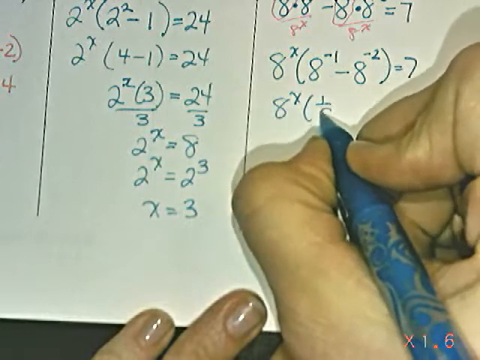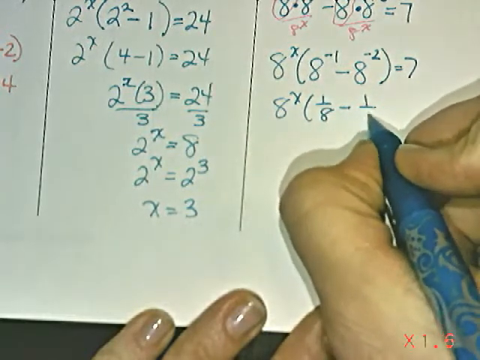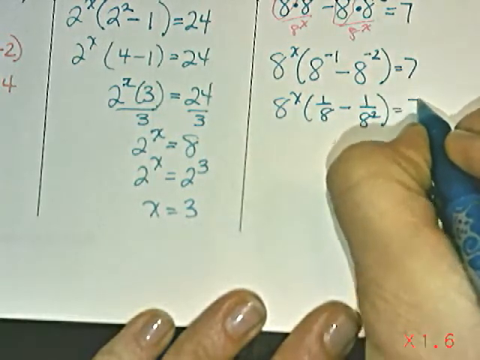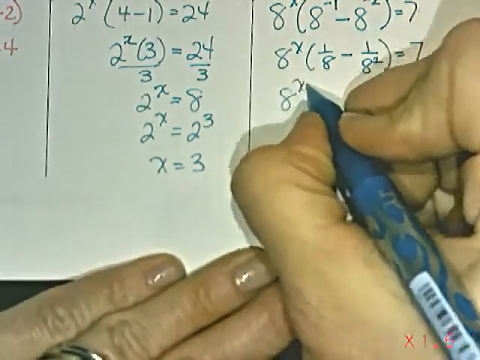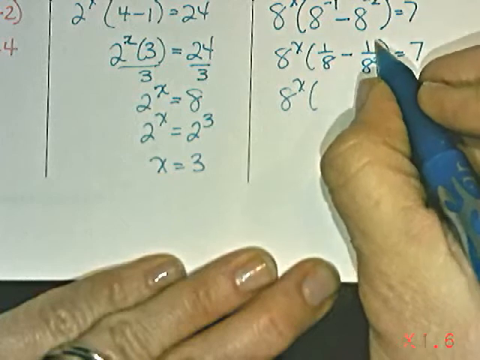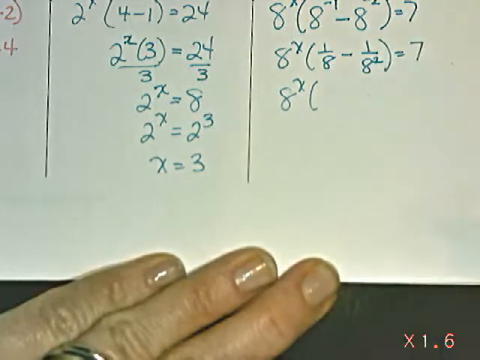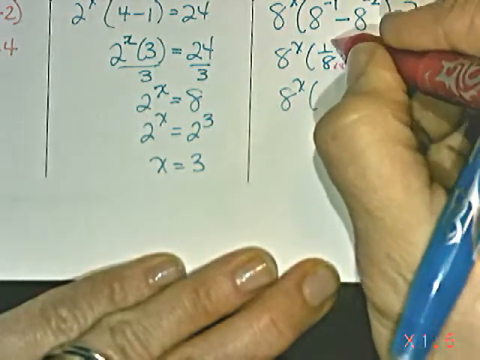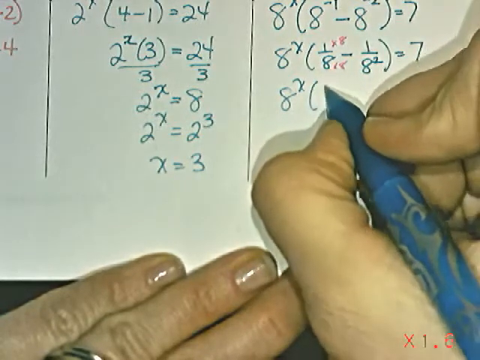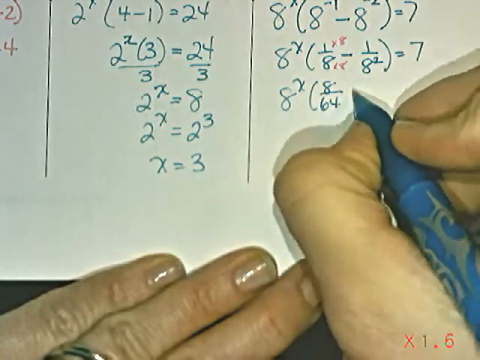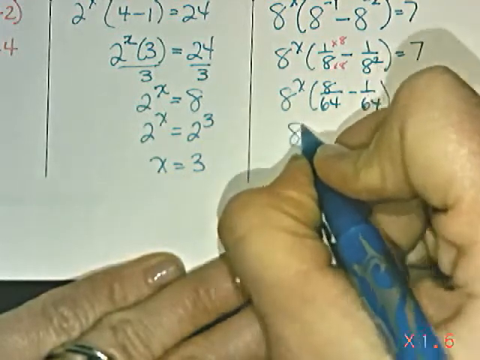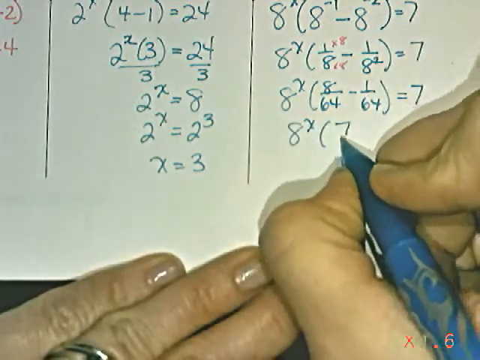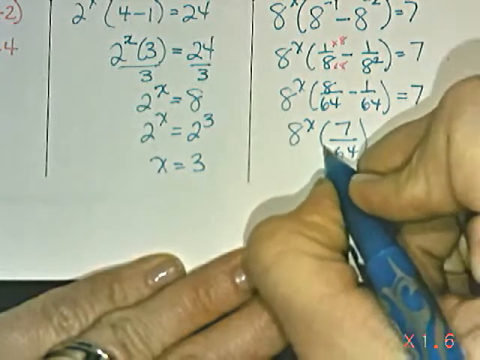That is a 1/8 minus a 1/8 squared. And so if I get a common denominator, this is a 64, so I'll multiply top and bottom by 8, so I can have my common denominator of 64. And we get 7/64.